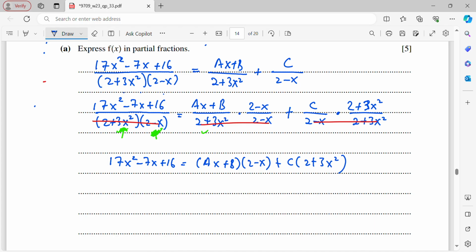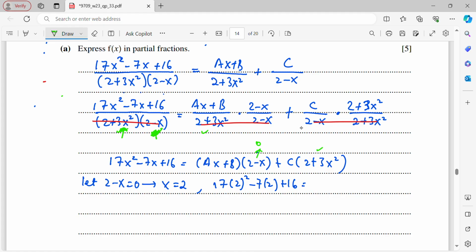Now to get the unknowns, I will let the factor be 0. Firstly, I let 2 minus x be 0. That means x is going to be 2. So substitute 2 into the whole equation. I will get 17 times 2 squared minus 7 times 2 plus 16. Since I let this be 0, the whole first term on the right side will be 0.